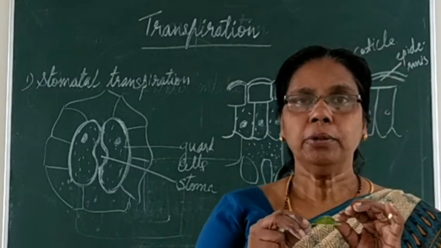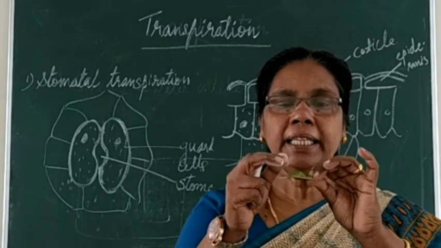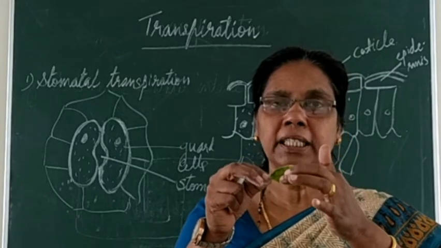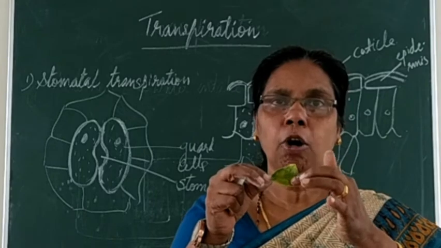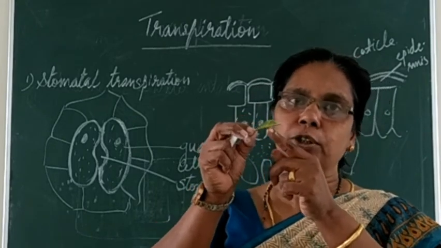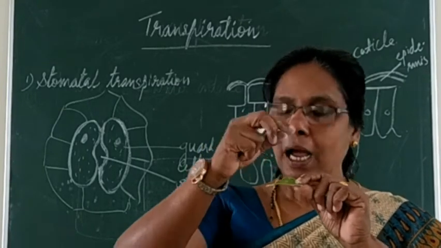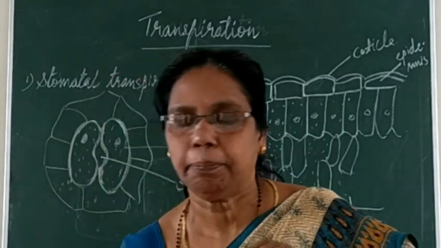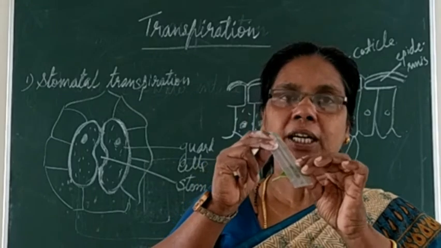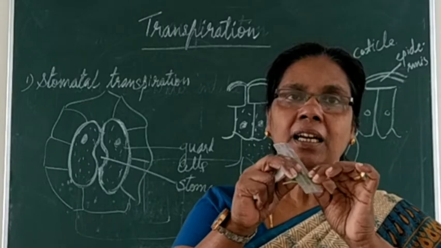What you have to do is, suppose this is the leaf, and here you have to keep a cobalt chloride paper on this surface. At the same time, on the lower surface also, you have to keep a cobalt chloride paper. Upon that, you keep a thin glass sheet.